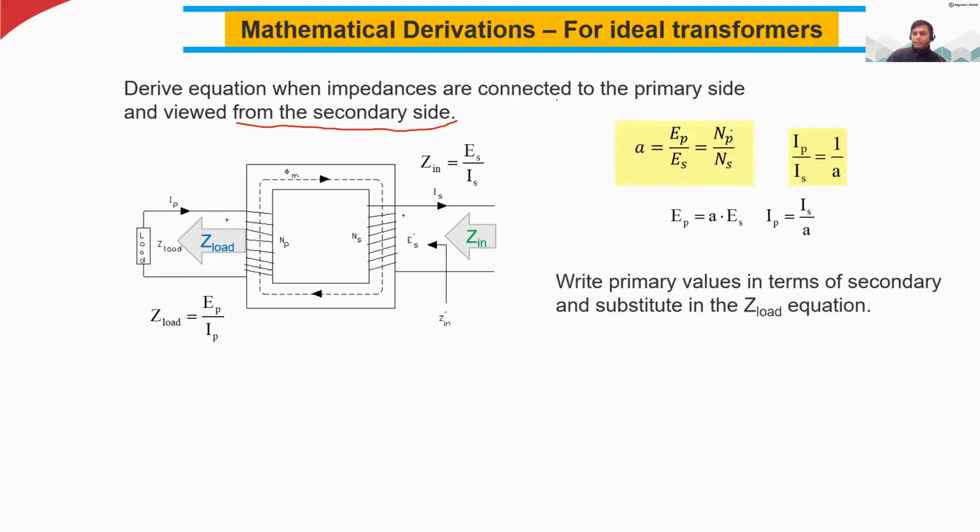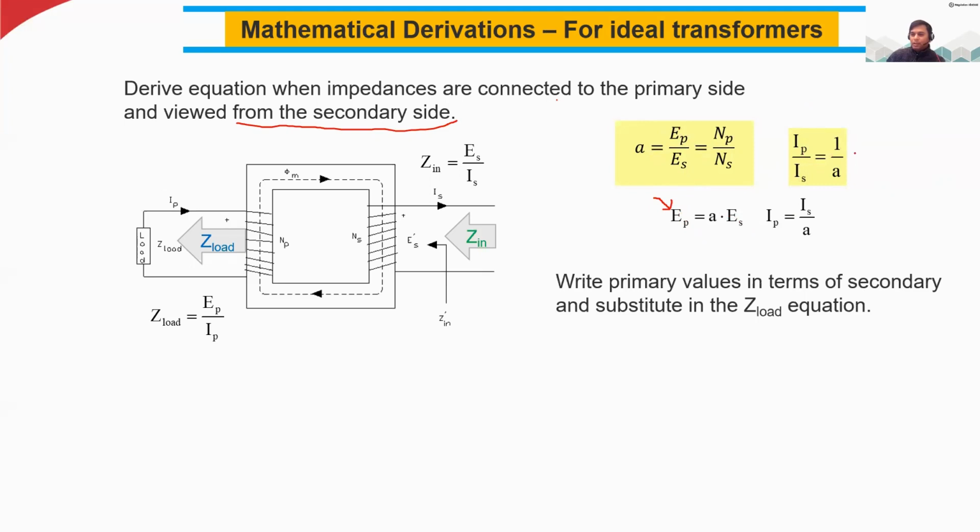Again, the same thing. We know the basic equations: turns ratio in terms of voltage and in terms of current. I am rewriting these equations now with respect to the primary winding side. EP is equal to A times ES.